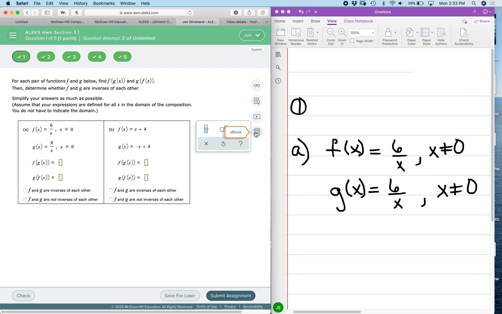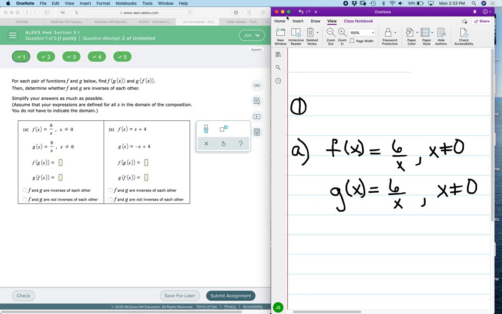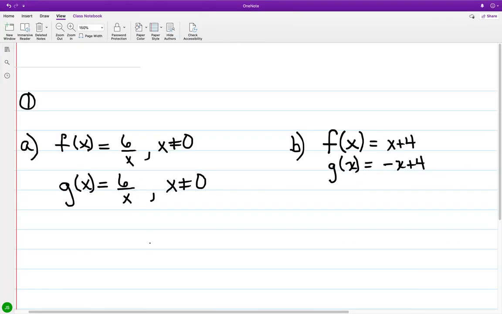Now for the compositions, taking f of g of x and g of f of x, first of all with f of g of x, we have g of x equal to 6 over x, and like what we did with compositions, we're filling in for the input function, which is g of x, so you have 6 over x.